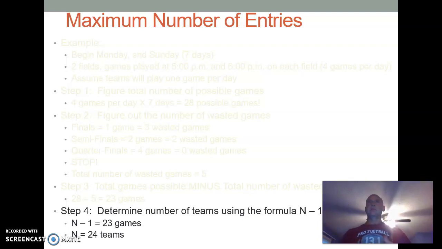So we know that we can get as many as 24 teams into our tournament and make it successful. Now if we have 24 teams, think about this. What power do we have to go to? We have to go to the 5th power. We have to have 32 teams. So we're going to have a lot of teams there at the beginning that are going to have byes, because of the way that it's set up, just the number that we have.